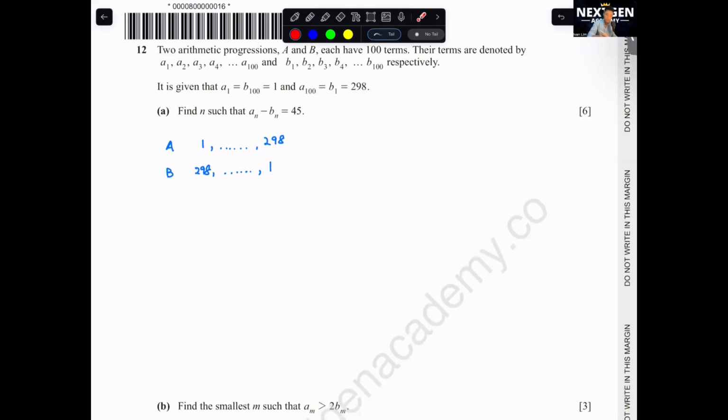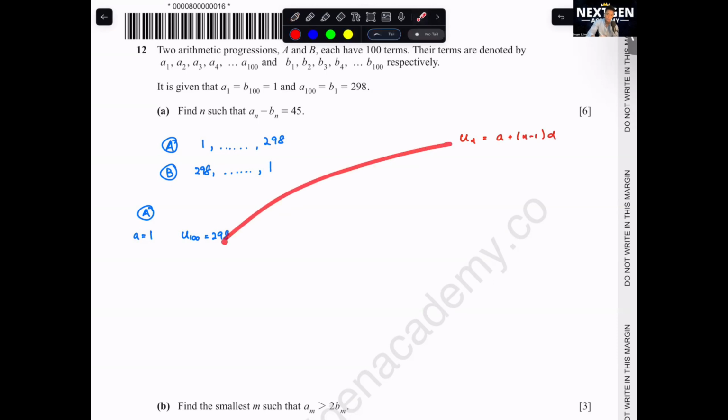For progression A, our A value is equal to 1. Our 100th term is equal to 298. What's the formula for an arithmetic progression? Un, or your nth term, is a plus n minus 1 d.